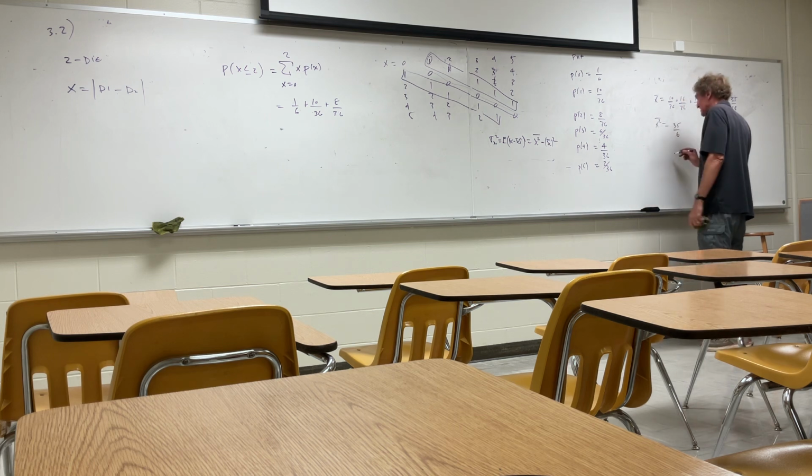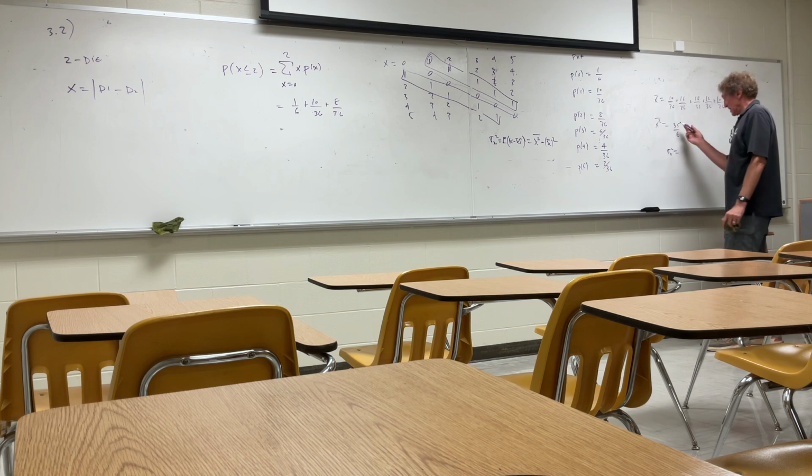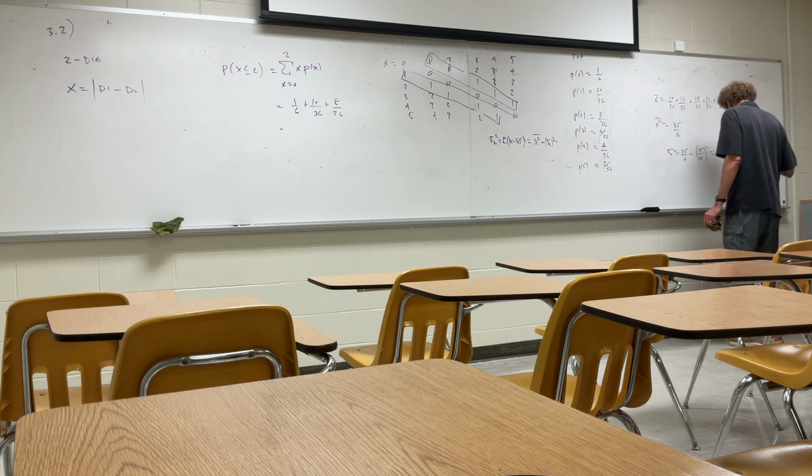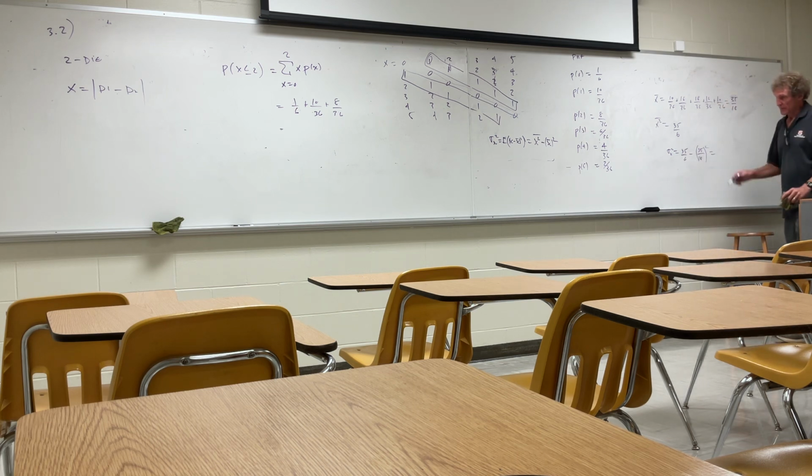Yes. All right, so if that's the case, then the variance of x is going to be 35 over 6 minus this squared, 35 over 18, but the quantity will be squared. Do you agree with that? If I'm using that formula, right? And what's this value? I think it's 665 over 324.